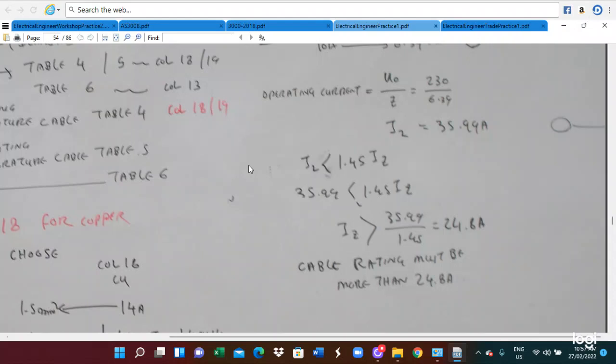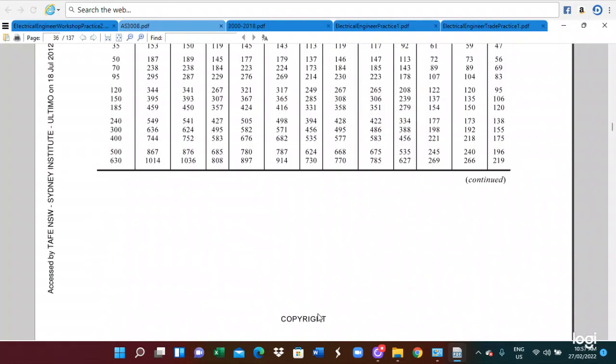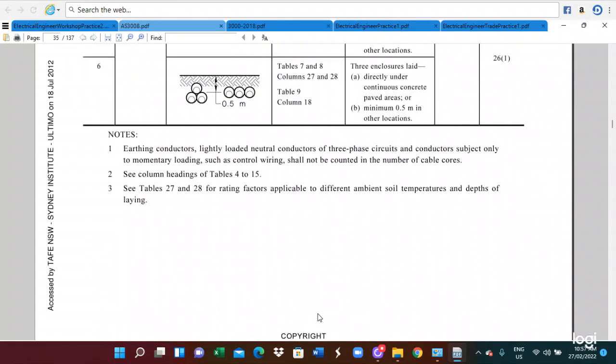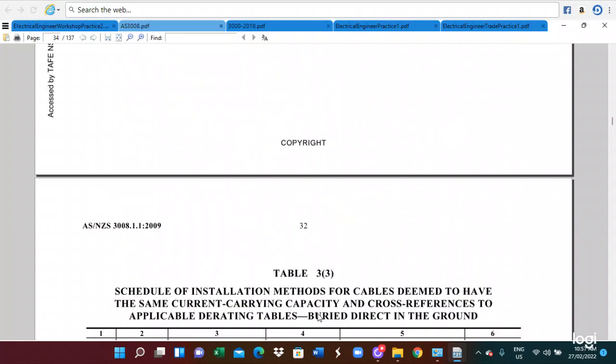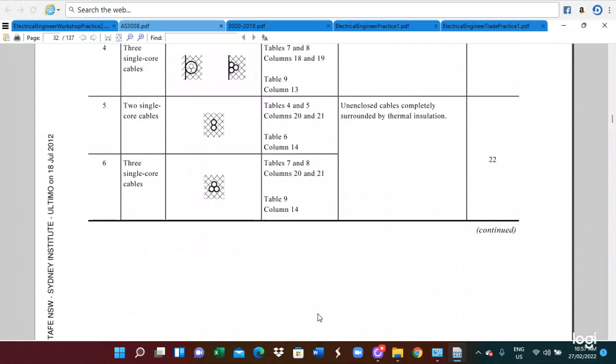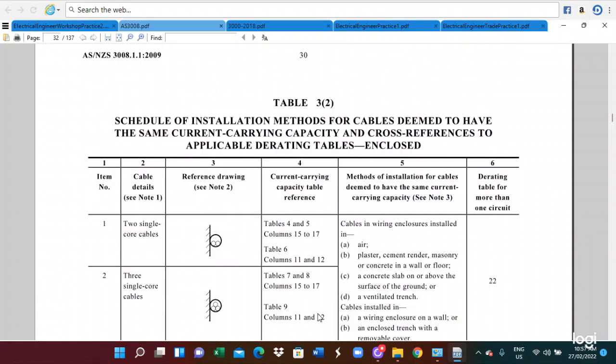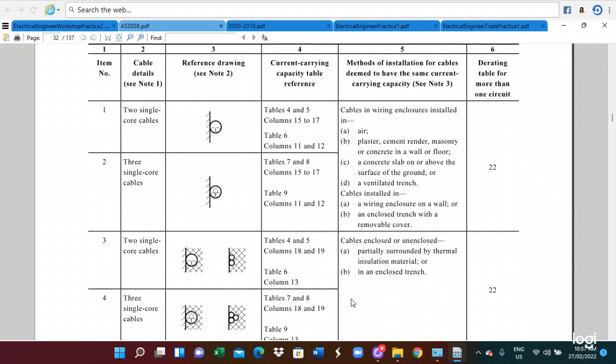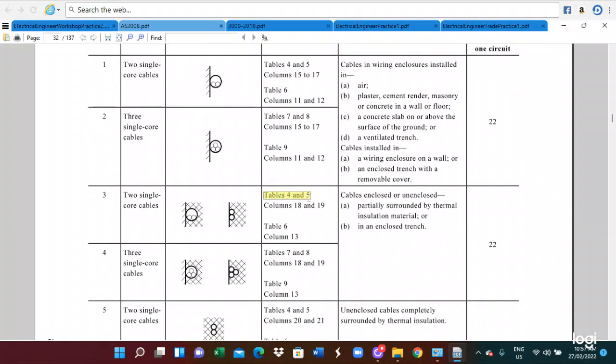So in this case, two single cables, we select item number 3 of AS 3008. Because we are selecting the two single cable, it refers to Tables 4, 5, and 6.